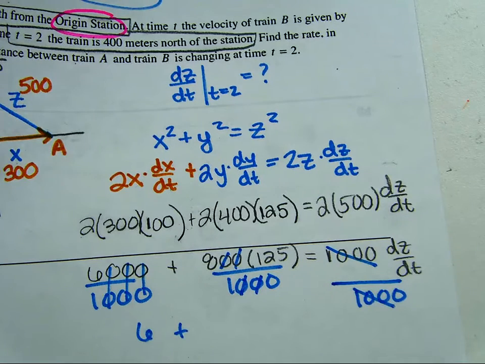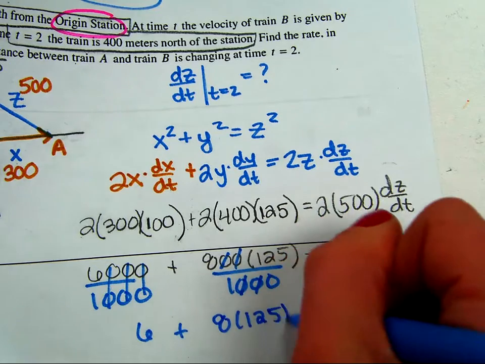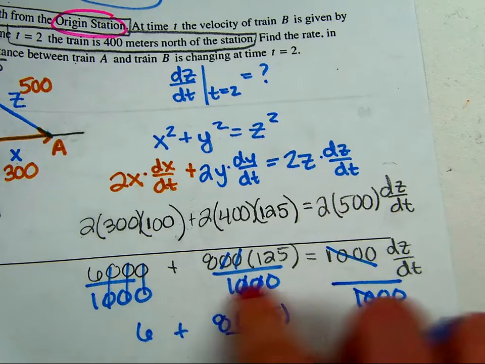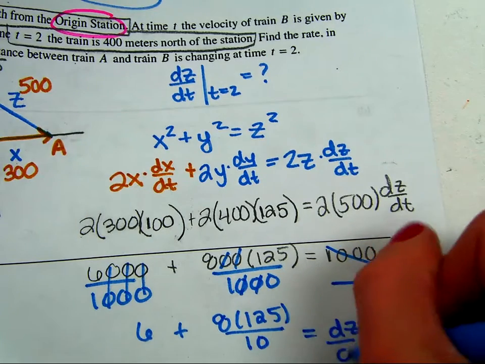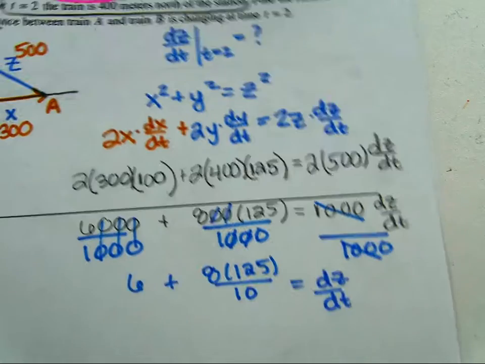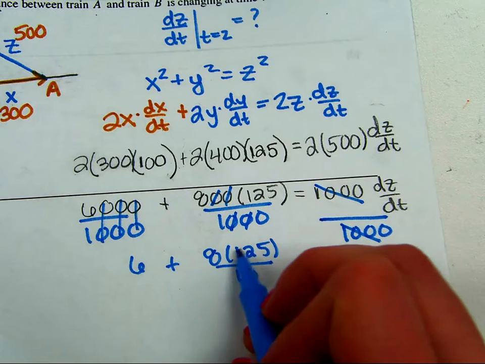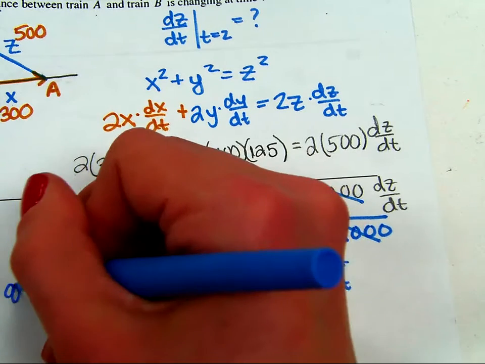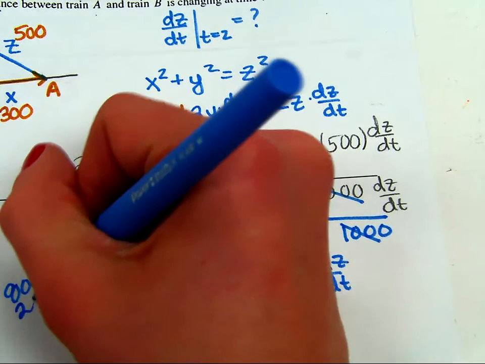We get 8 times 125 all over 10 equals dz dt. All right, so let's think about that. This might be a little bit tricky, but 8 times 125. If we think of this as 100, 8 times 100 is 800. If we think about 8 times 25, that's 200. If we add those up, that's really 1,000.